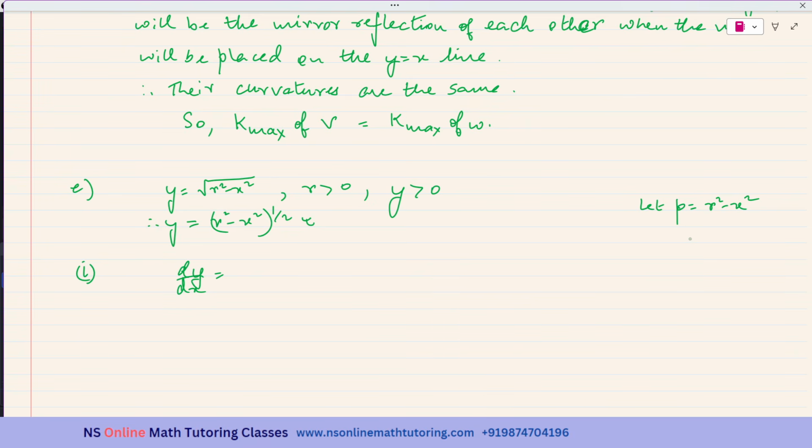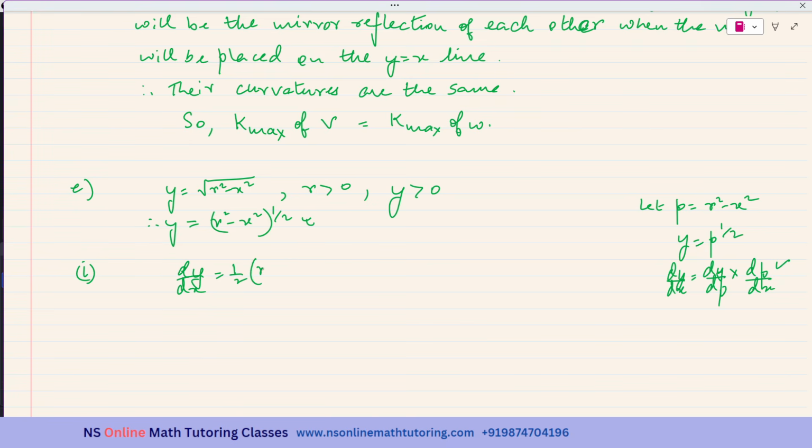In case you have any confusion, you can use the chain rule, and y will be equal to p to the power of half. You need dy by dx, so dy by dx should be equal to dy by dp times dp by dx.